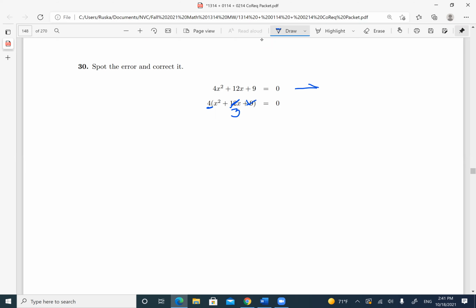How are you going to factor this? Let's fix it. Let's correct it. What is the proper way of solving this? If you have a number in front of x squared, what do you do with those two numbers? What is the method I showed you? What is it called?